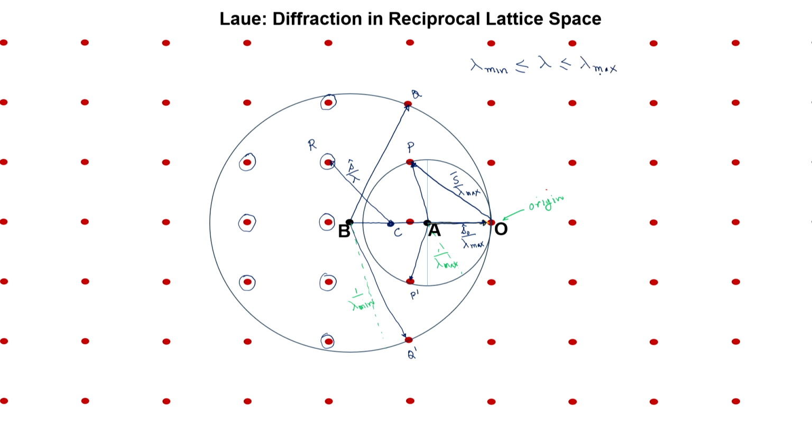So, you can imagine that all of these circled reciprocal lattice points will be lying on one or the other sphere of reflection. So, all of these will satisfy the diffraction conditions. So, that is why you will get a number of scattered beams.